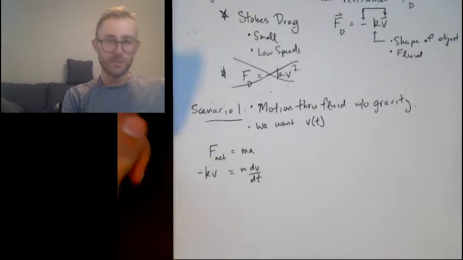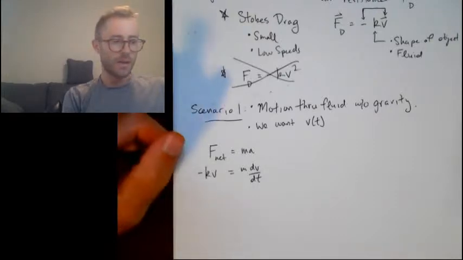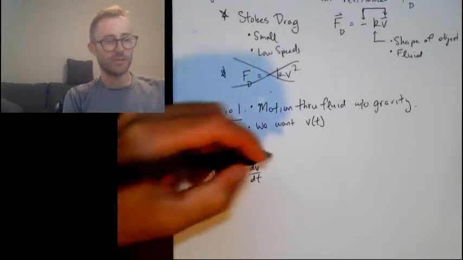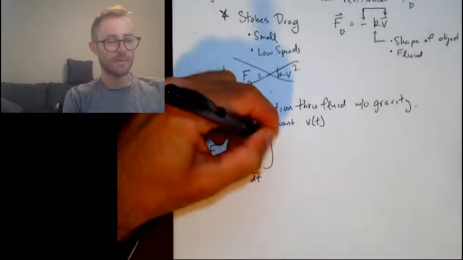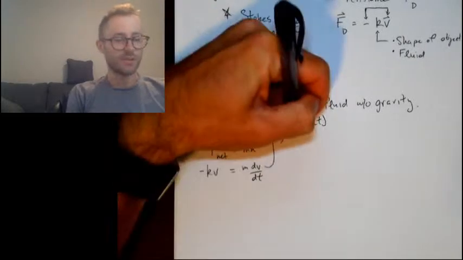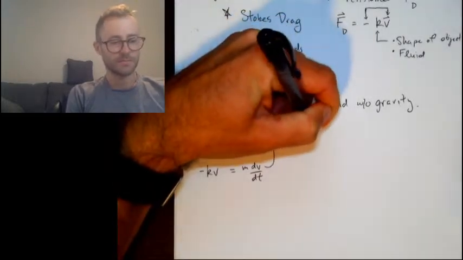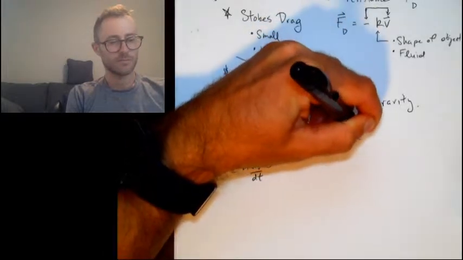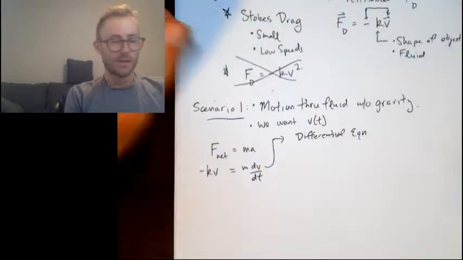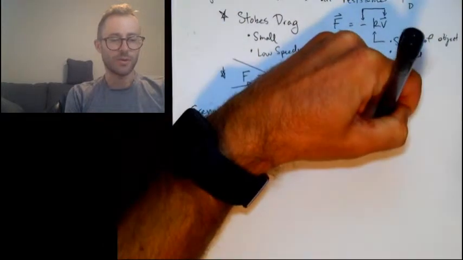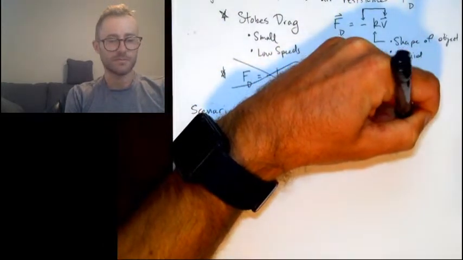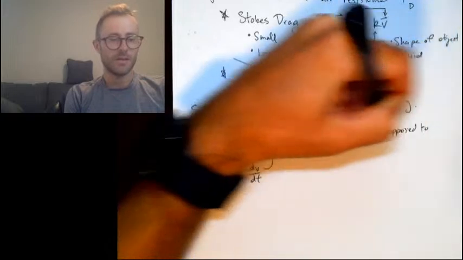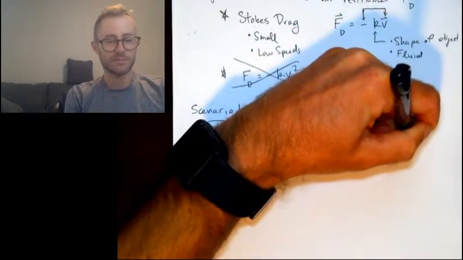Now we're trying to solve for the velocity as a function of time. And this is an example of what is called a differential equation, as opposed to an algebraic equation.